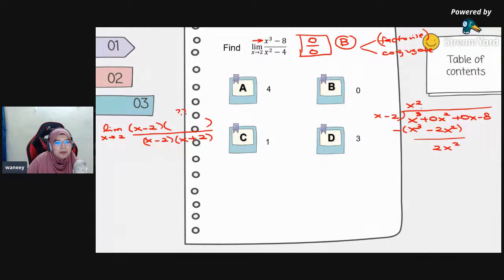So x multiply with 2x, we are going to get 2x squared. Negative 2 times with 2x, it will become negative 4x. So 0x minus, so 0 minus minus 4, this one will become 4x minus 8.